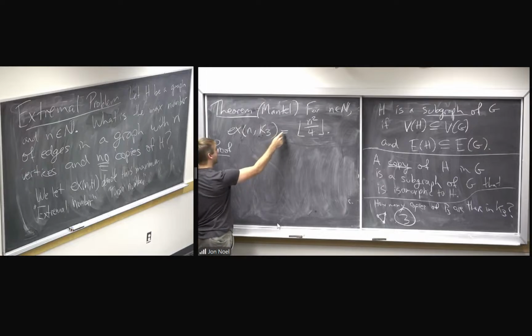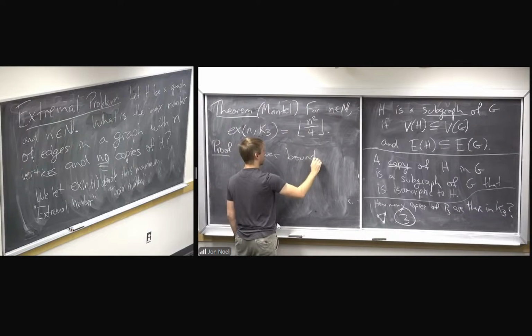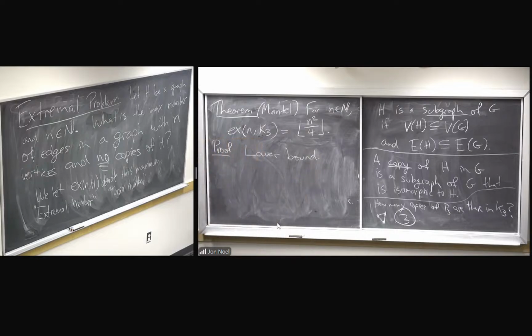Okay, so I want to show this is equal, so I need a lower bound construction. Probably a lot of you have seen this before, but one thing about triangles is that they can't show up in a bipartite graph. Bipartite just means I take a graph where I put the vertices into two classes, and then I put all the edges between them.